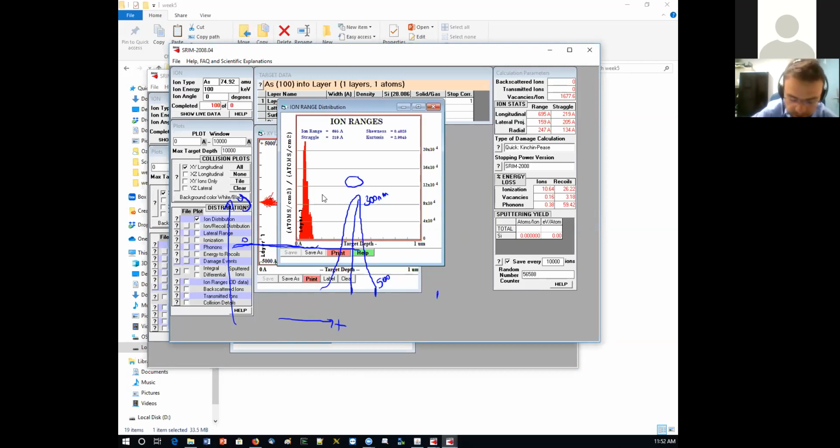If we draw it for this one, it also looks similar to a Gaussian, and its range is much smaller. That's the midpoint of the Gaussian, around 70 nanometers only. So the heavier one got stopped earlier.